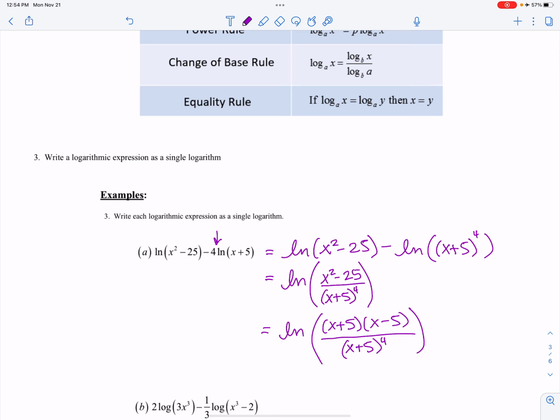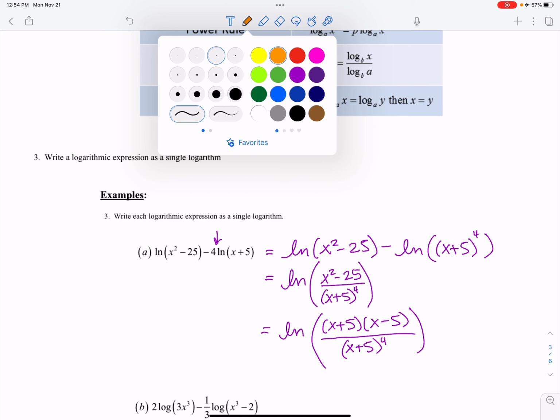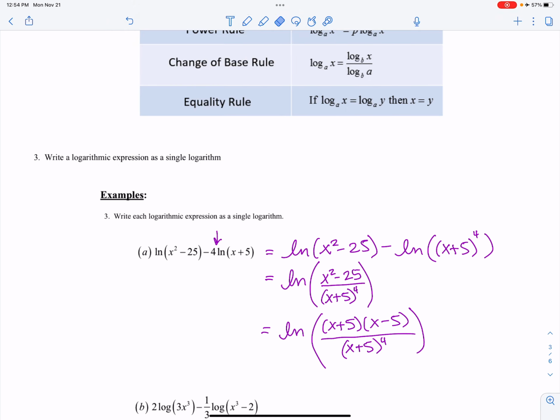I have a reason. Now that I have the x plus 5 in the numerator and the denominator, I can cancel. I can cancel one of the numerators and one of the denominators, because an x plus 5 divided by itself, anything divided by itself, is 1.